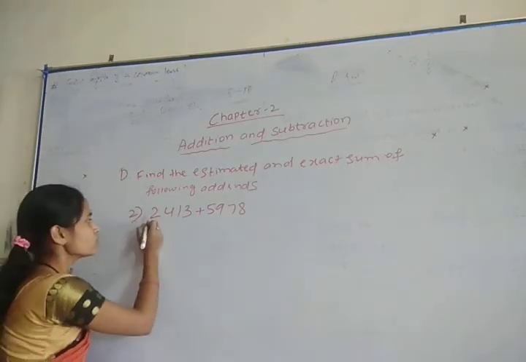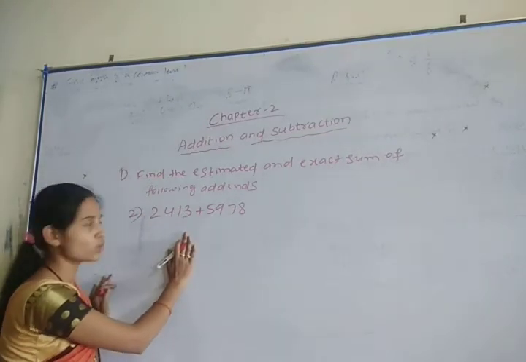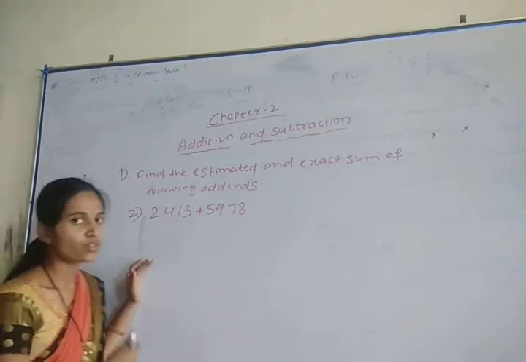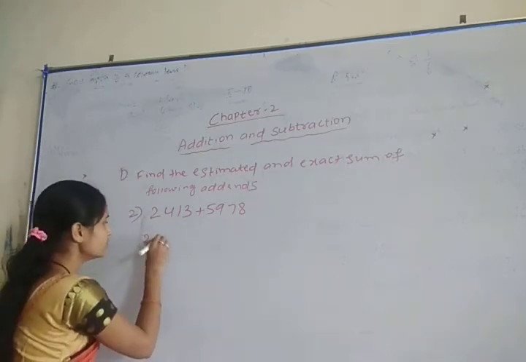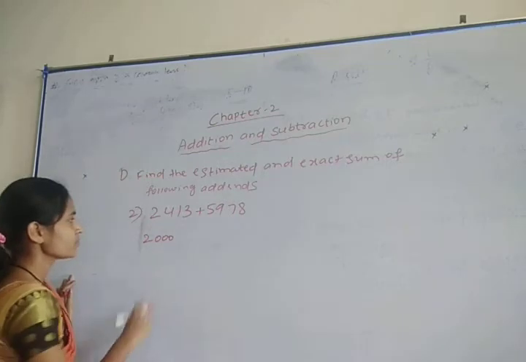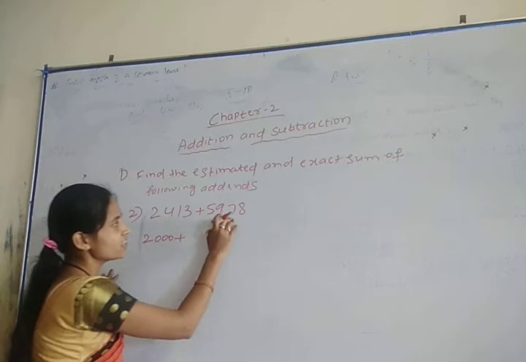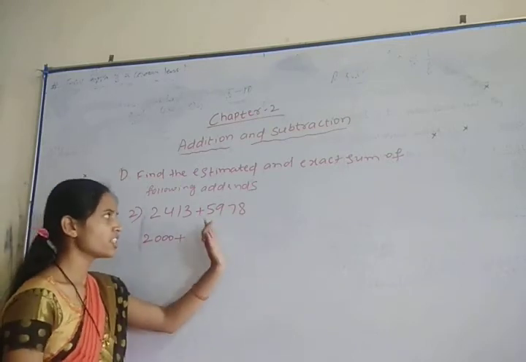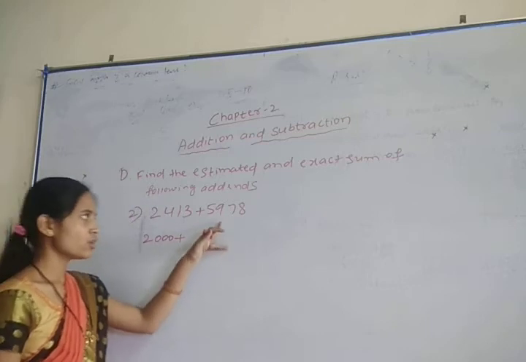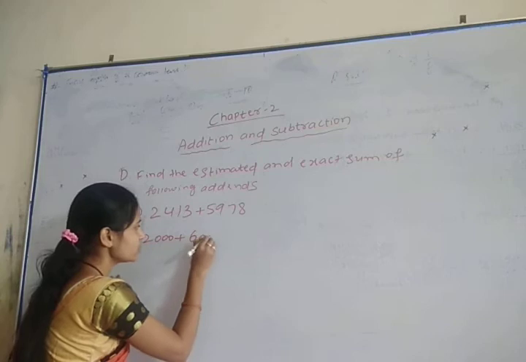Tell me, students, whether 2413 is nearer to 2000 or to 3000. It is nearer to 2000. Now tell me whether this 5978 is nearer to 6000 or to 5000. It is nearer to 6000. I will write here 6000.